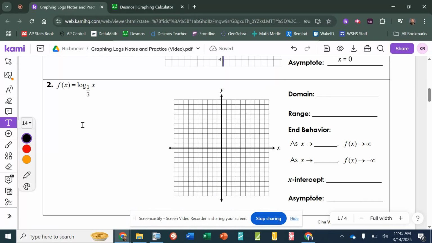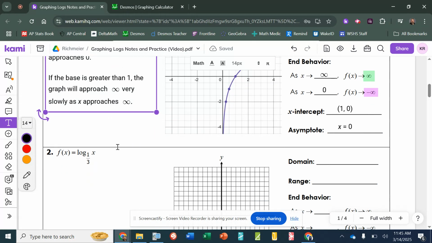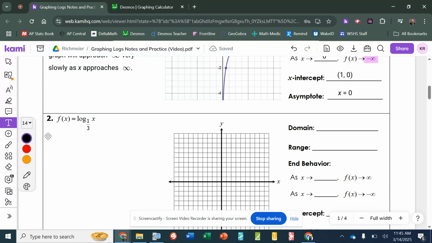So we're going to take these notes here, and basically we're going to modify them.